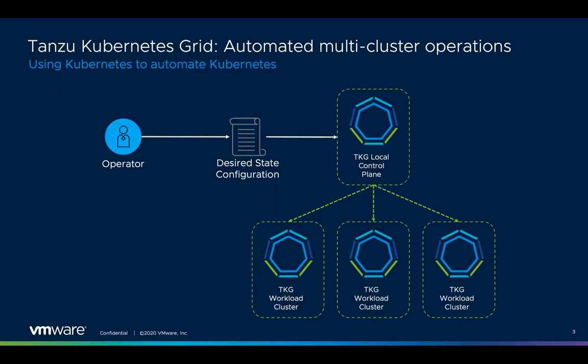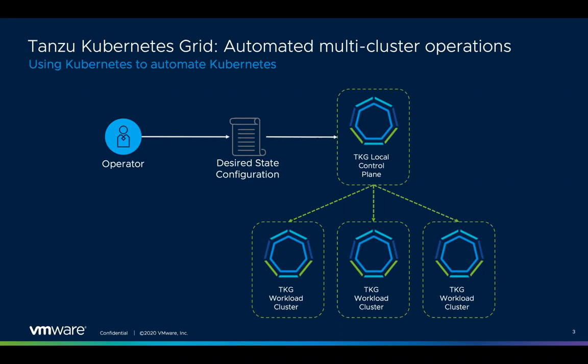You deploy a local control plane or a management cluster, and that management cluster is responsible for stamping out workload clusters to various specifications. I'm not going to go too deeply into TKG at the moment, but it's the most sort of basic offering from Tanzu, and it makes up the sort of core of a lot of the Tanzu offerings.